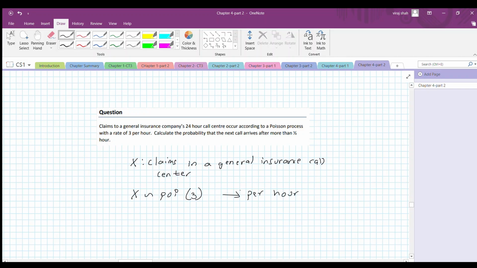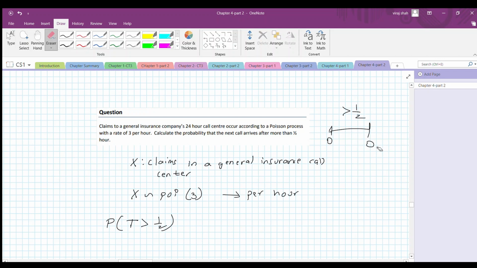And basically, I want to calculate the probability that the next call arrives after half an hour. So the time between one call and the second call is greater than half an hour.